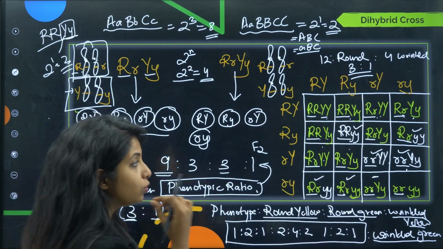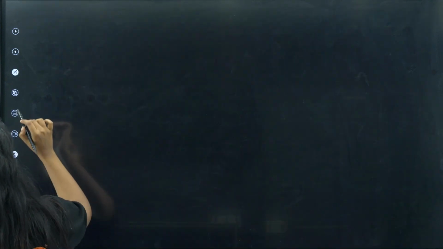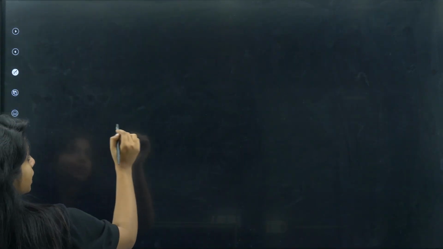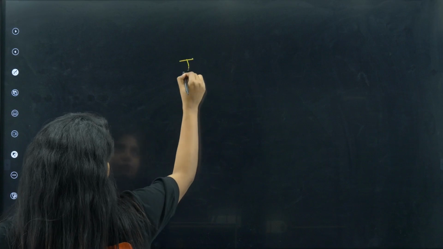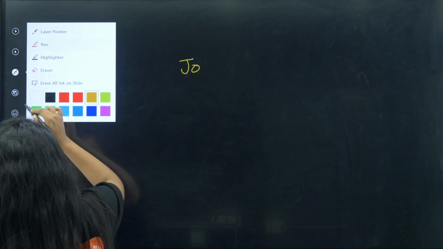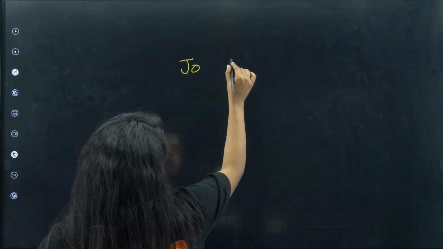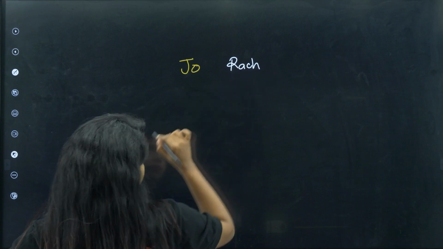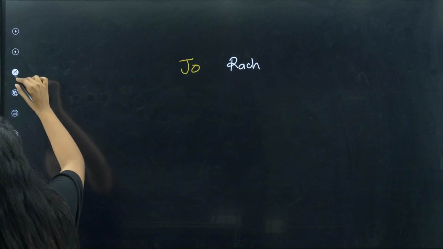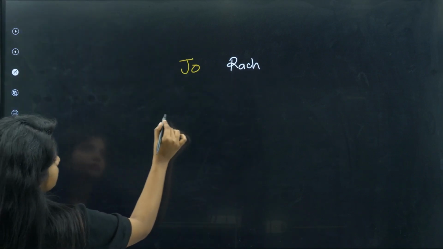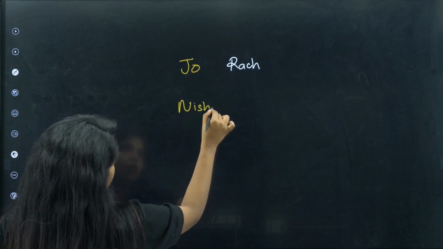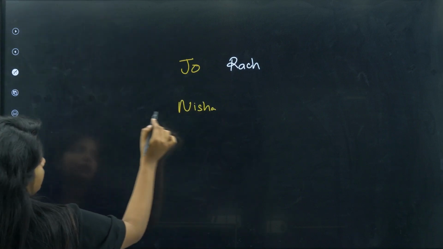Okay. Now, if it's too difficult for you to understand this, once more I can give you an example. So, you have a friend Joe and you have another friend Rach. Then you have a friend Nisha and then you have a friend Alf.